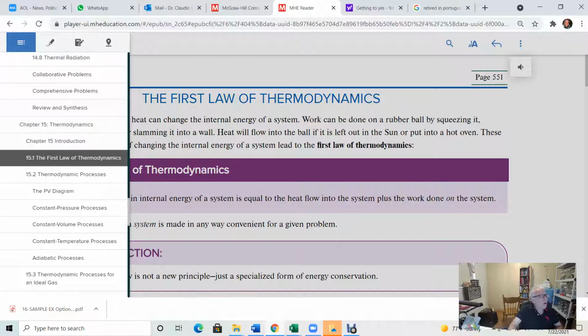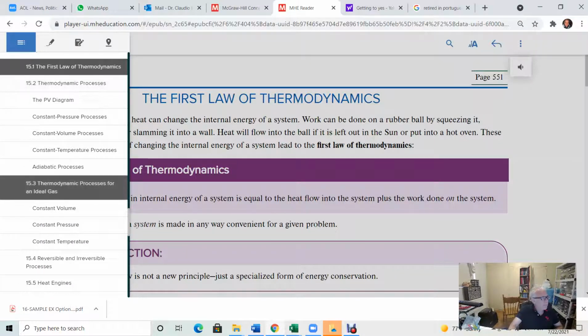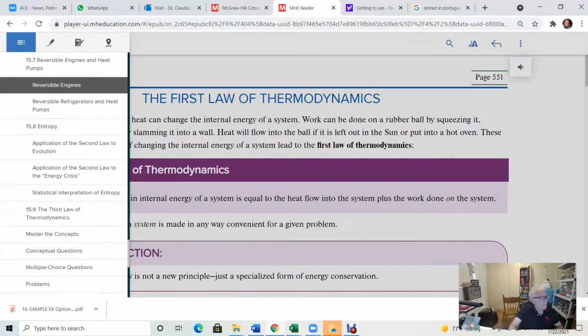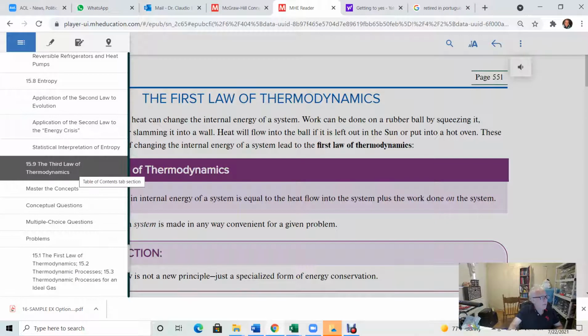What you have to worry about in this chapter is going to be 15.1. 15.2 is an important section of the book and is somewhat easy to understand. 15.3, 15.4, and 15.9.